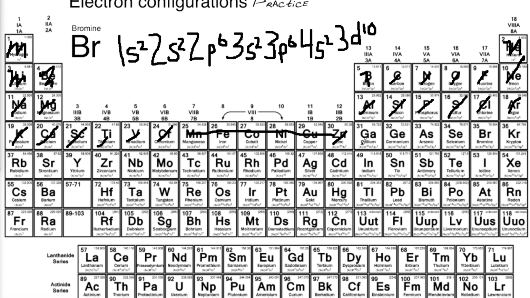And then we're still in the fourth period now, so it's back to 4: 4p1, 4p2, 4p3, 4p4, and 4p5. That is the electron configuration for bromine.